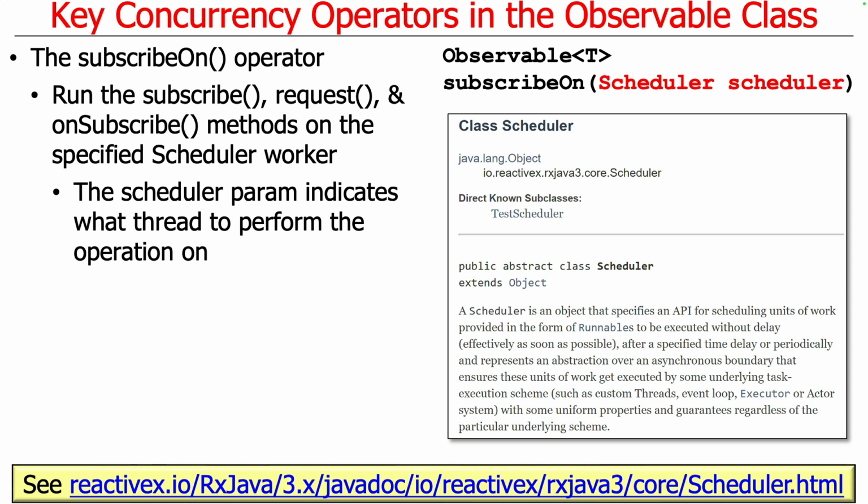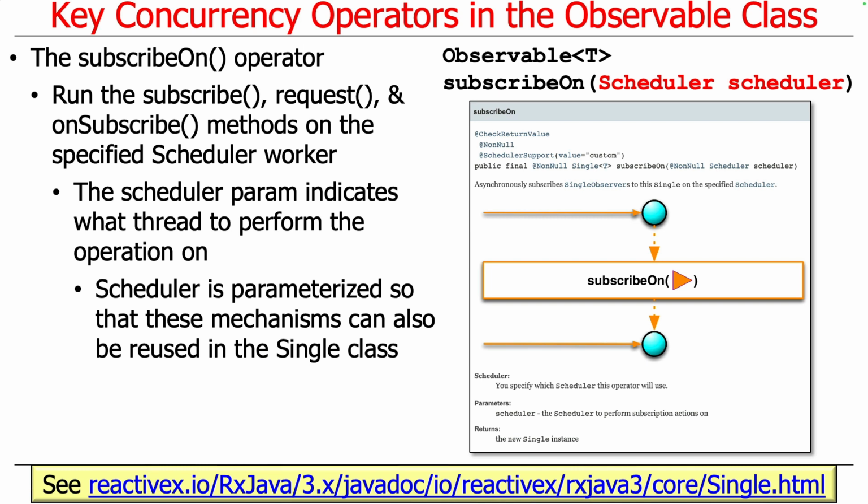And we've talked about schedulers before. If you recall, we talked about the I/O scheduler earlier. We'll talk about some other schedulers in a bit. The reason why subscribe on is parameterized by scheduler is so that the scheduler classes can be reused in other parts of RxJava, such as the single class, such as the flowable class, such as the parallel flowable class.